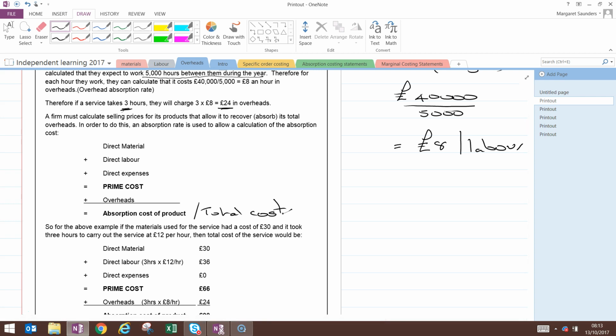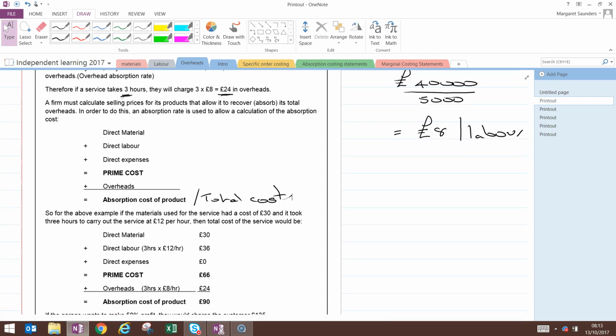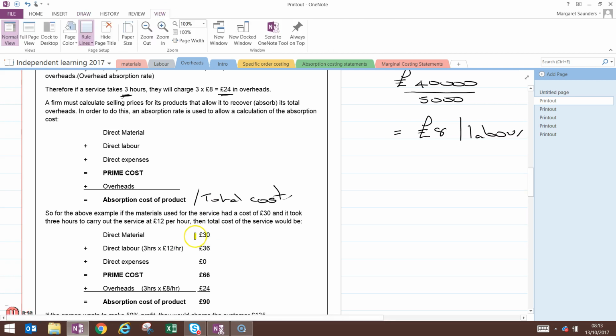So for the example that we've just looked at in terms of a service, if the materials used for the service had a cost of £30, so our direct material cost is £30, it took 3 hours to carry out that service, and the labour cost, so this is the rate of pay for the mechanics who are carrying out the service, are £12 an hour.